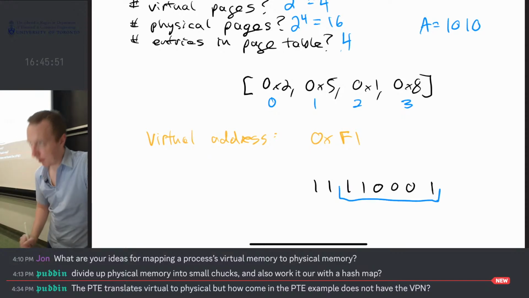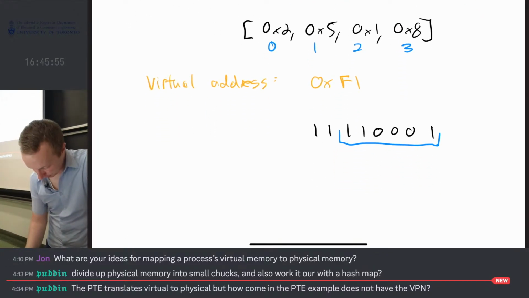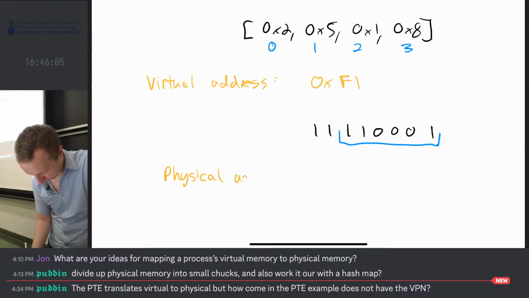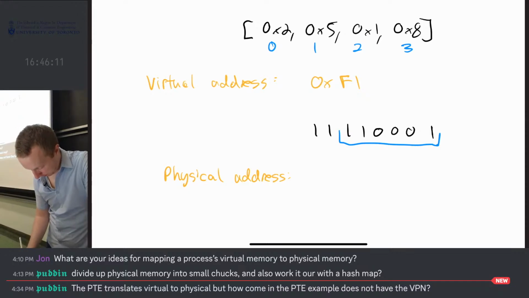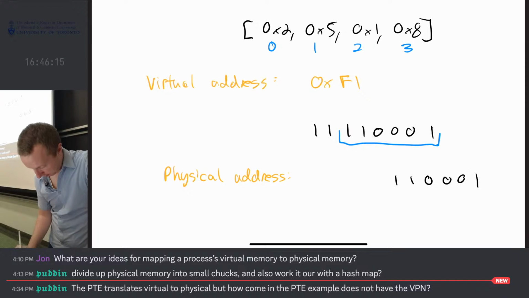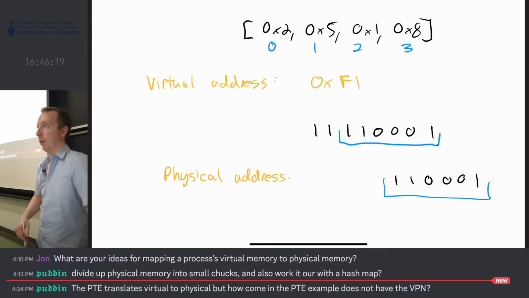So this represents my offset. So when I translate that to a physical address, it means I don't have to touch them. So it would be 1, 1, 0, 0, 0, 1. So that is the offset part of my physical address.